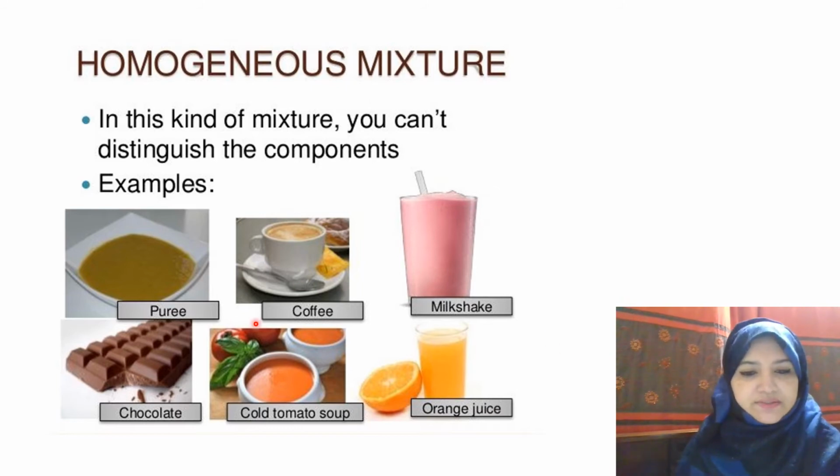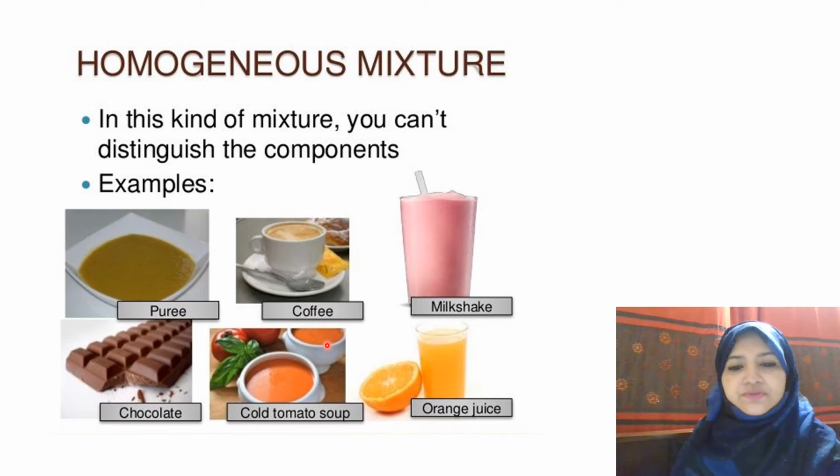And these are some examples. This is the purees. Different food items are generally mixtures. Puree is a homogeneous mixture, and a homogeneous mixture is commonly known as a solution.